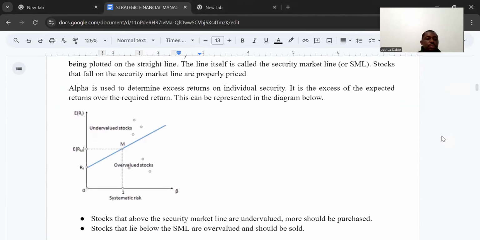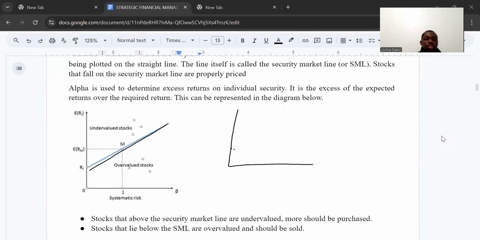But this is the diagram of the security market line. So this line here is the security market line. It helps an investor.